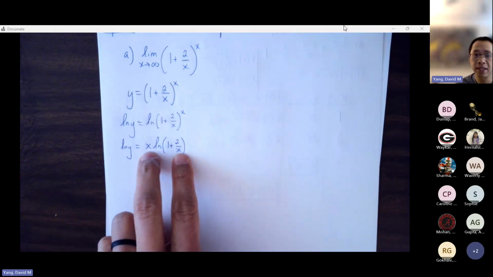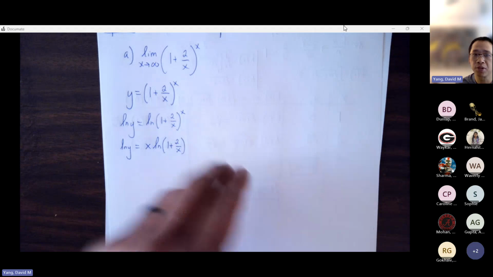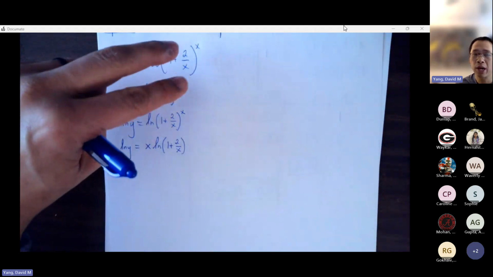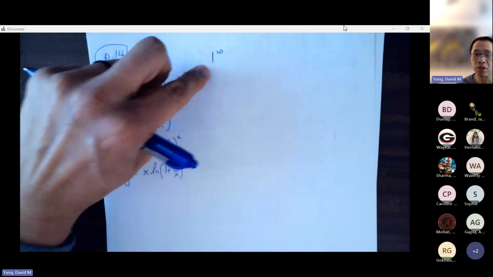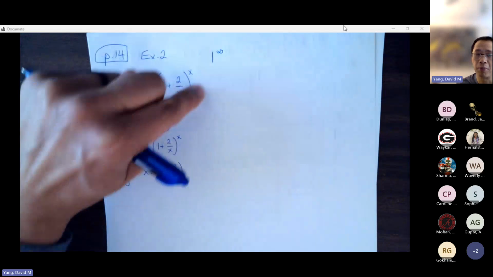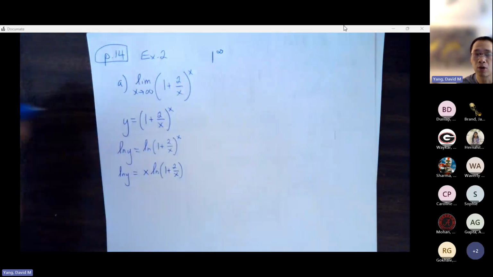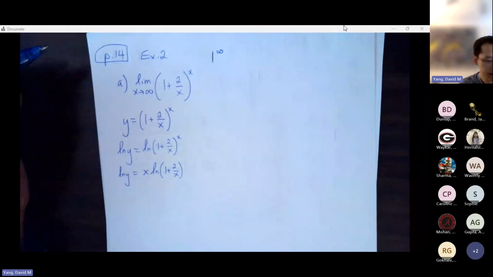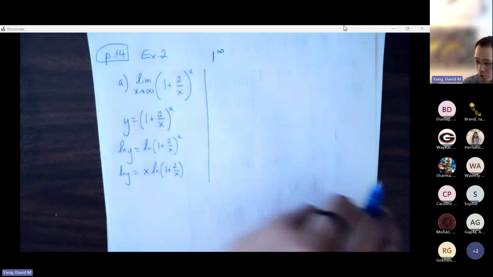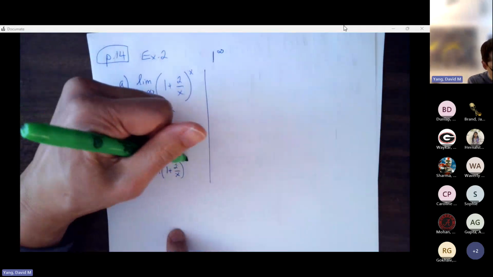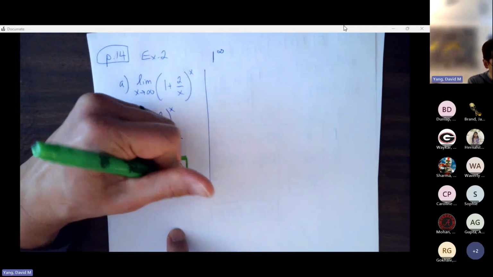We're just trying to get this to look like a numerator over denominator, so that we can basically get a 0 over 0 to show up from our original equation. Our goal is to use L'Hopital's rule. So we're going to play with this form for a moment.